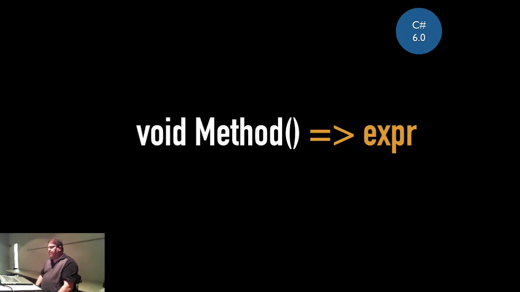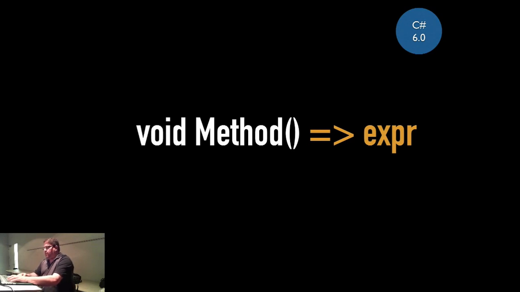So you have a method, you can use the lambda syntax to define an expression. Clearly it has to be a short, small expression, right? Otherwise it gets lost in it.